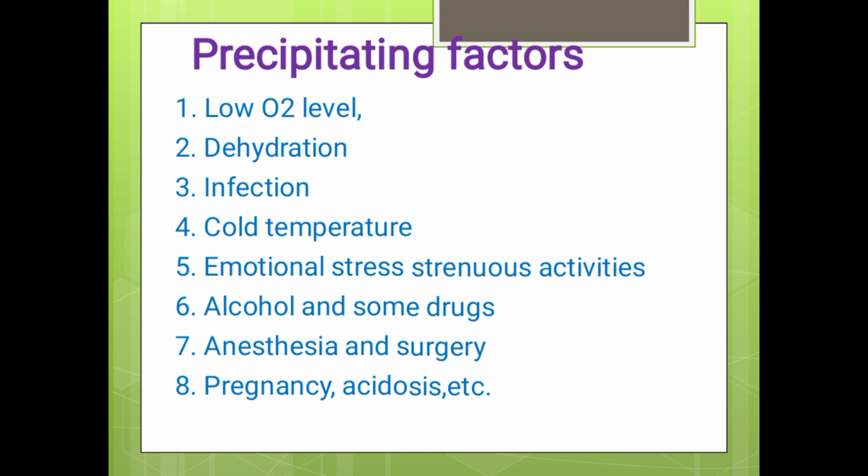You have cold temperatures. Cold temperatures will favor vasoconstriction. When vessels are constricted, what happens? Occlusion in the microcirculation. So most often, this is what brings most of our patients to the hospitals. Cold temperatures, and then infection. Emotional stress: emotional stress will trigger the release of catecholamines like norepinephrine, and this will have systemic vasoconstriction, and that will have an effect on blood flow.